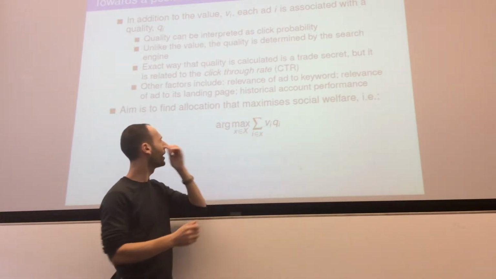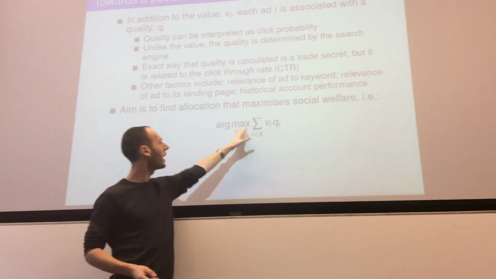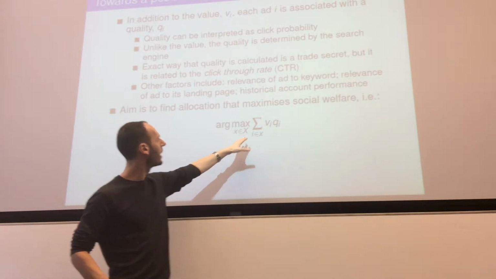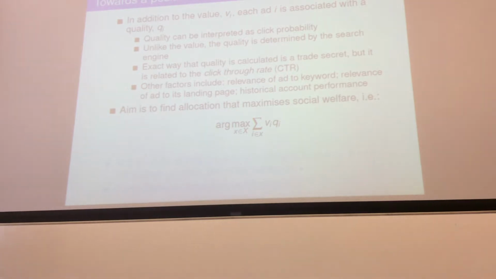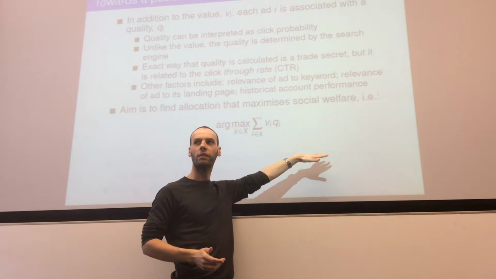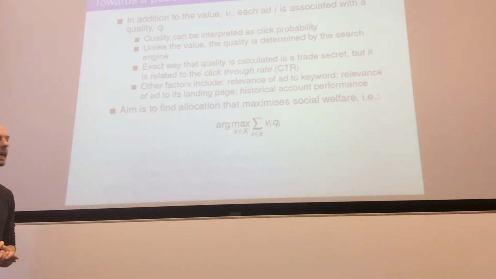Using the terminology from last week, we have all possible allocations, and we're trying to find the allocation that maximizes this product, v_i times q_i. It can get quite complex, especially if the click probability also depends on the position of the ad, but for the moment we ignore that.